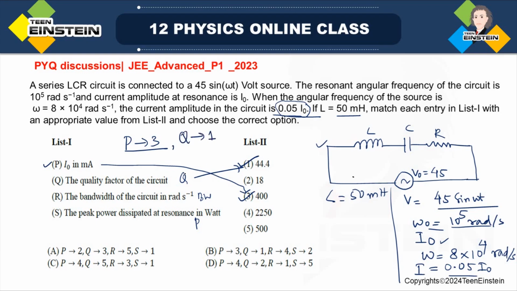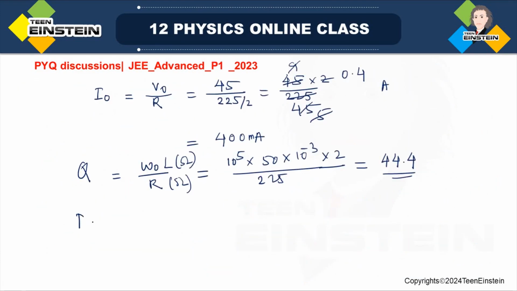Now let us find out the bandwidth. There is a relation between bandwidth and quality factor. Bandwidth is equal to omega naught by Q, resonant frequency divided by quality factor. Quality factor is a number and omega naught is in radian per second, so this will have the unit radian per second.